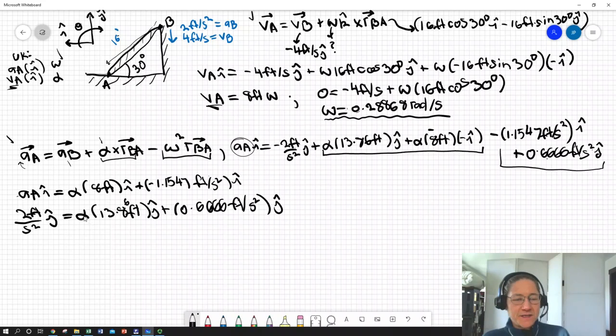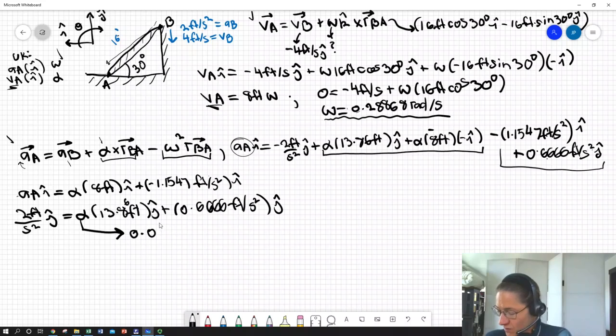Okay, so from this we can solve for our angular acceleration, and we end up getting a positive number, which means it's going clockwise, because positive alpha is in the clockwise direction.